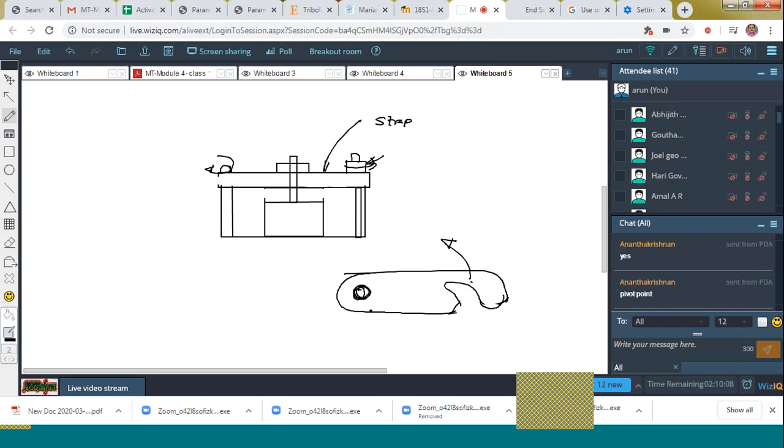Clear? So here, it can rotate about which axis? About a vertical axis, it can be rotated like this. But then also some problem is there. What is the problem? If it is a heavier workpiece, you have to lift it upward, right?